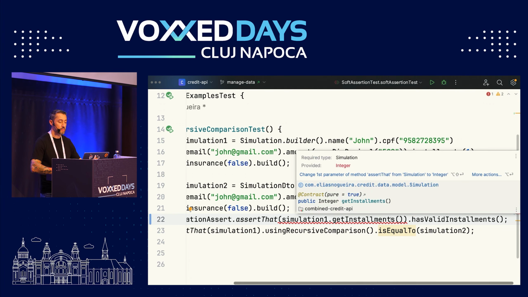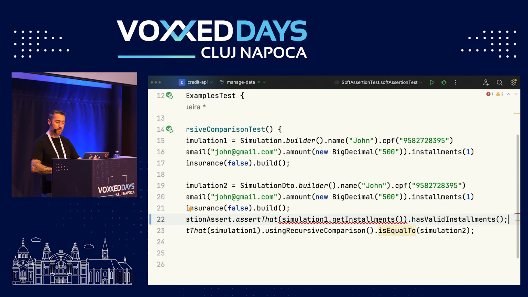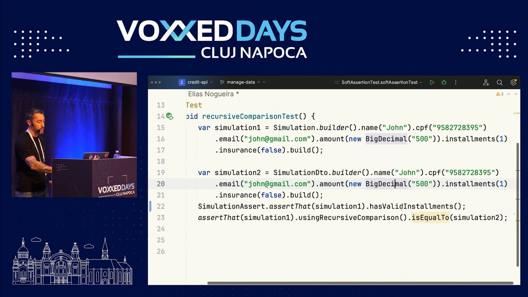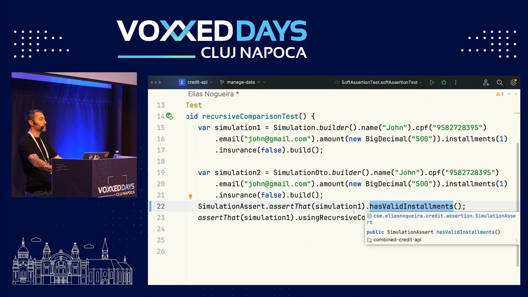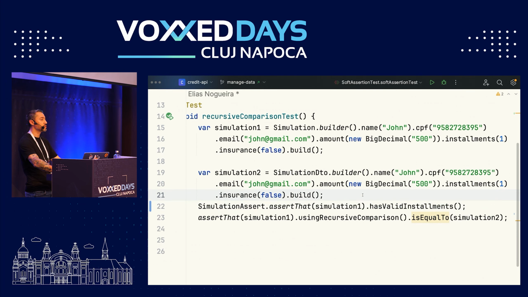But why is it an integer and doesn't make sense right now? Yeah, sorry, the object. My object simulation will look for my attribute, the installments, and will do the test. So way easier, right, than expressing the whole number there.